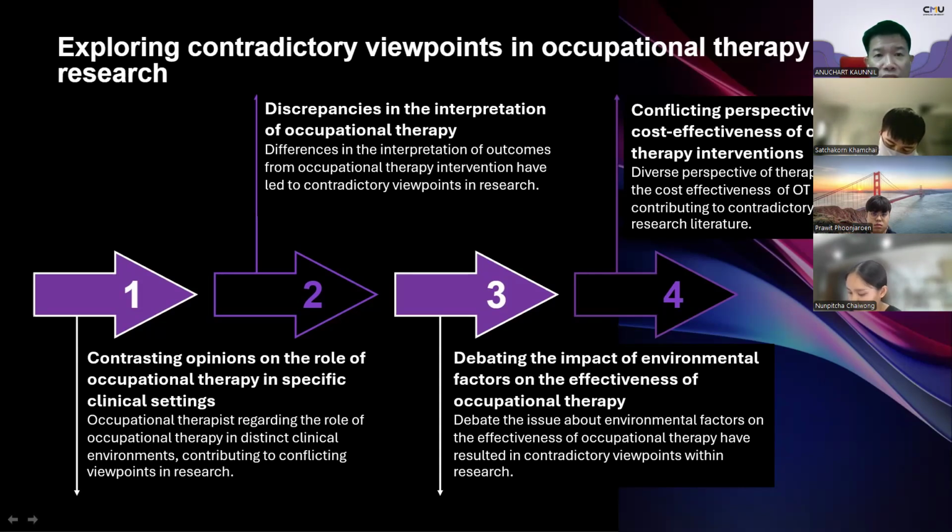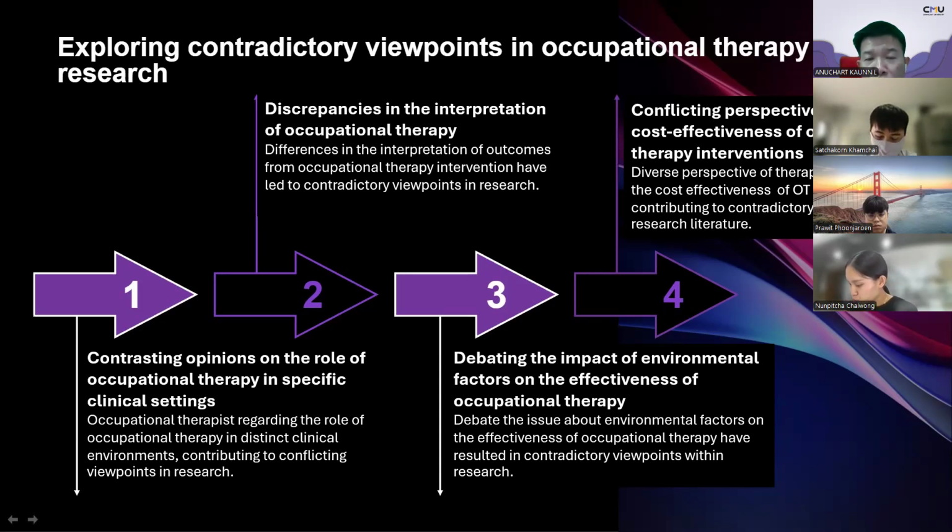It depends on the transition. And there is the debate on the impact, environmental factors, and effectiveness of OT. The debate should address environmental factors, client factors, or whichever factor is influential. We need to contradict and debate together.